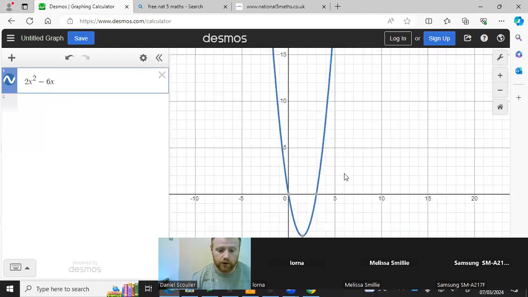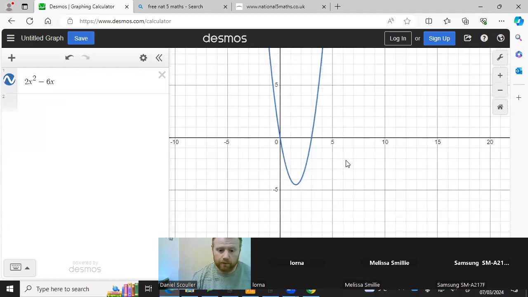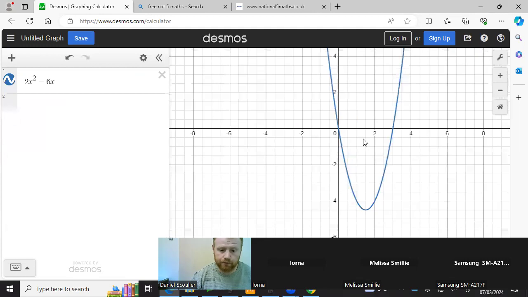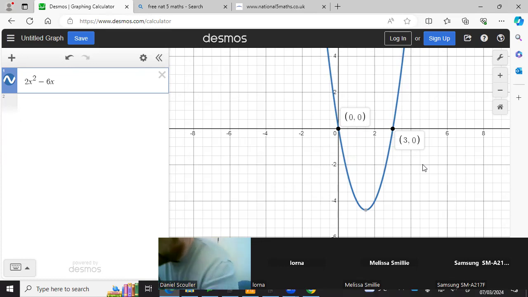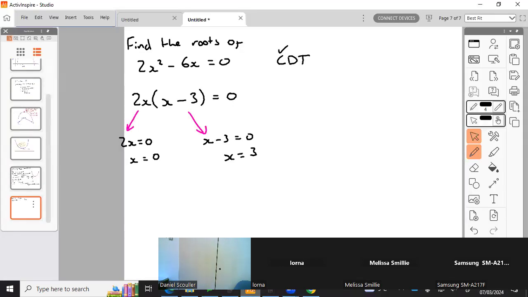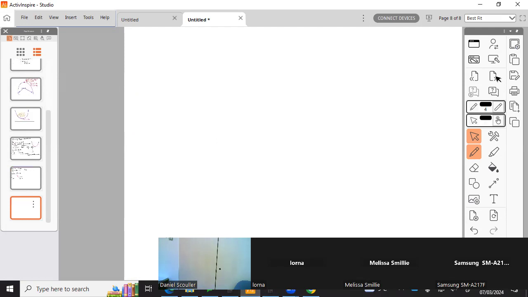If I zoom out, you can see it's a parabola, and you can see it's crossing at 0, 0, so when x is equal to 0, and when x is equal to 3. So it's cutting the x-axis at those points. So the roots, when we're finding them through factorization, that's what we're trying to achieve. We're trying to understand where that point is. Now, that was using common factor.